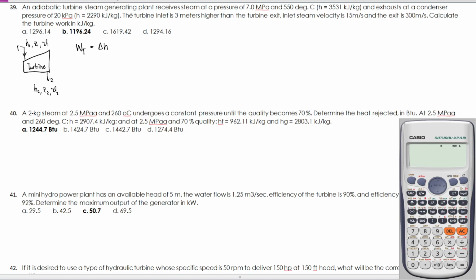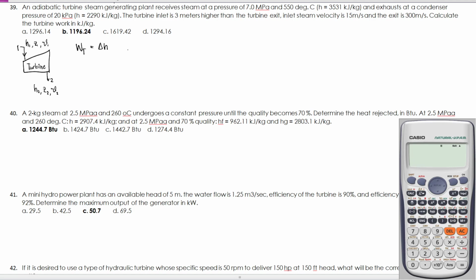Kasi doon, lagi nating ina-assume na neglected yung change of potential at saka change of kinetic energy, kasi walang given na potential at saka kinetic energy. Pero dito kasi, merong given na elevation at saka merong given na velocity. So, hindi natin sila pwedeng i-neglect na lang.